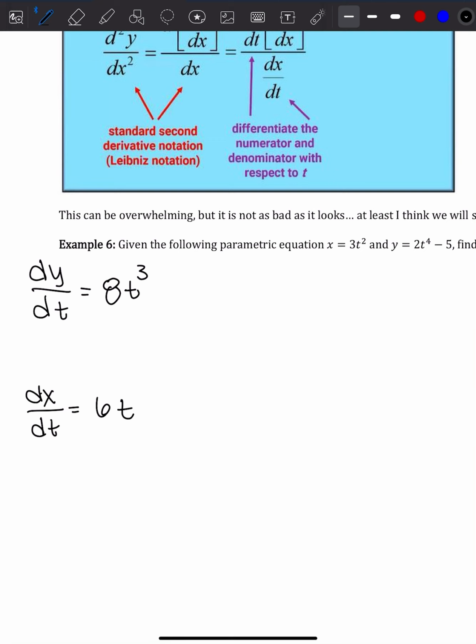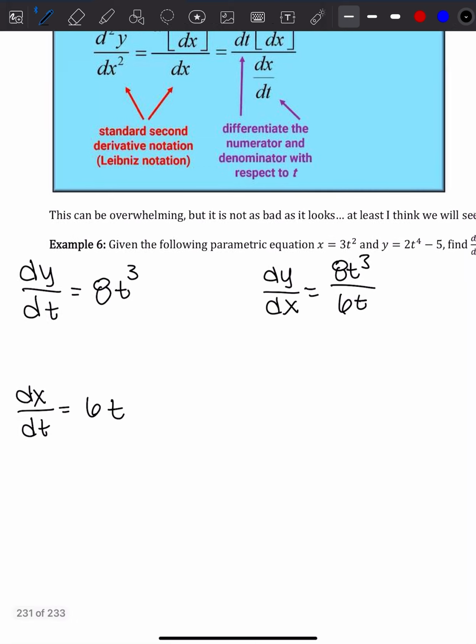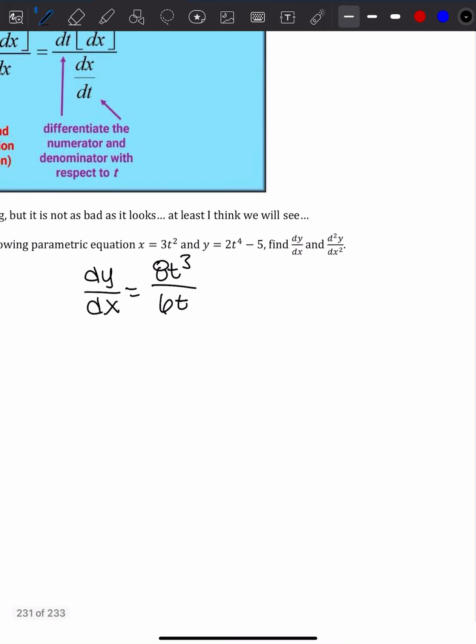So the first one we need is dy over dx. We have dy, which is 8t cubed, divided by 6t. We can technically leave it just like this, but because we're finding a second derivative, we are going to be using this to help us out. If I have to take the derivative of this, I'm going to use quotient rule, which is more work than I am willing to put in at this current moment.